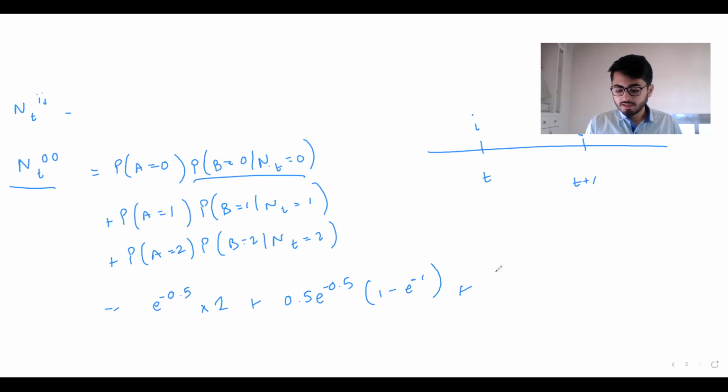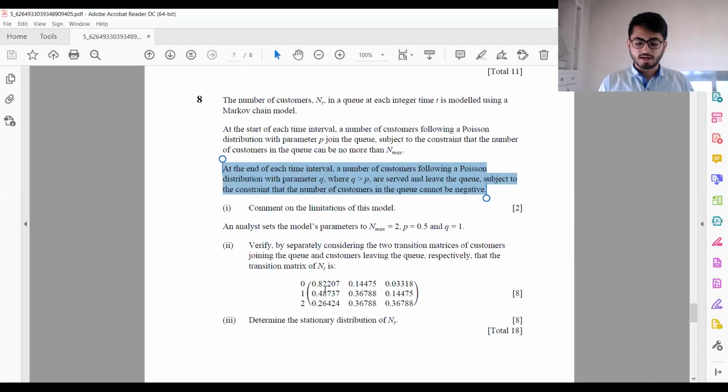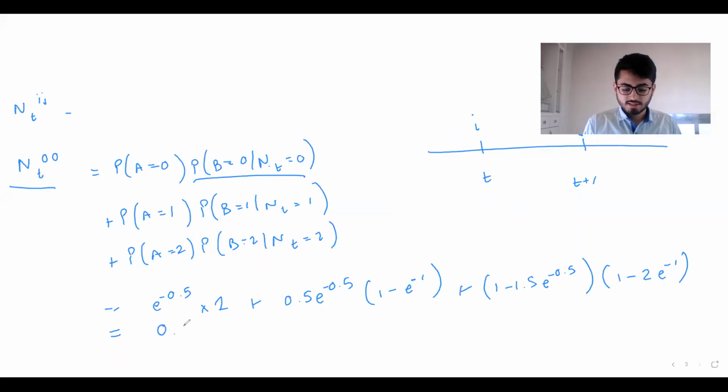Plus probability A equal to 2 was coming out to be 1 minus 1.5 e to the power minus 0.5, and this probability is nothing but 1 minus 2 e to the power minus 1. On solving, you would get the answer, which is already given over here. It will match, that is 0.82207 up to 5 decimal places. So you could check and you will be getting this as 0.82207.